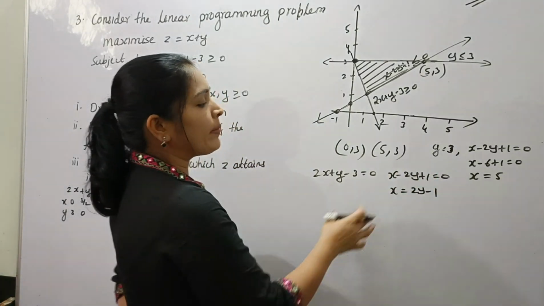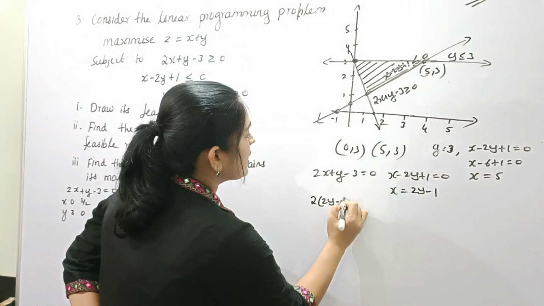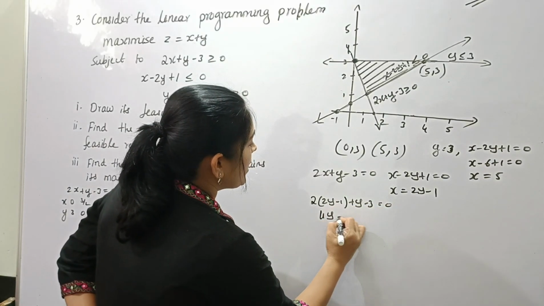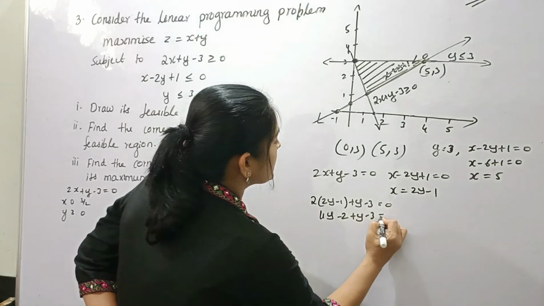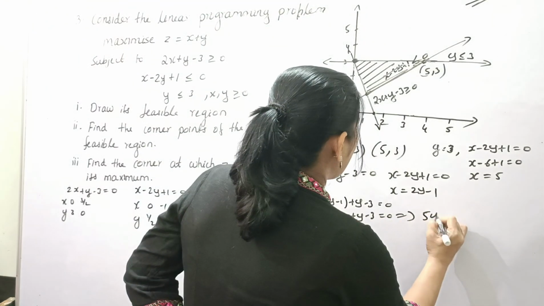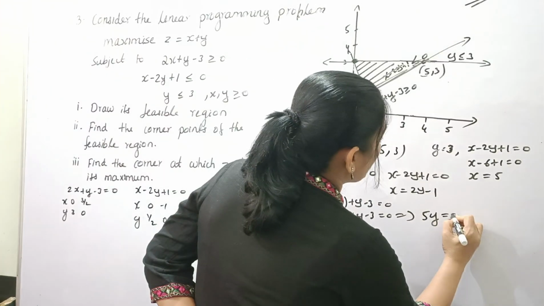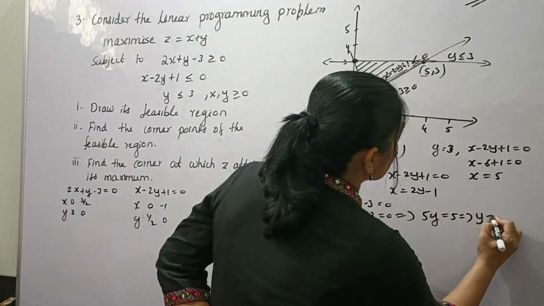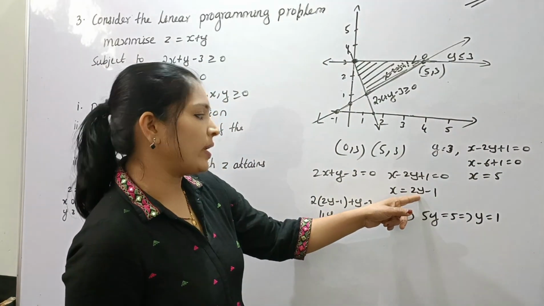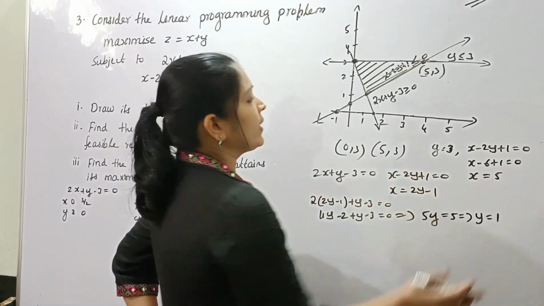Substitute this x is equal to 2y minus 1 in this equation. We will get 2 into (2y minus 1) plus y minus 3 is equal to 0. That is 4y minus 2 plus y minus 3 is equal to 0. That implies 5y minus 5 is equal to 0. Take minus 5 to the right side, so 5y is equal to 5. That implies y is equal to 1. So when y is equal to 1, substitute y is equal to 1 here. So x is equal to 2 into 1, 2, 2 minus 1, 1.